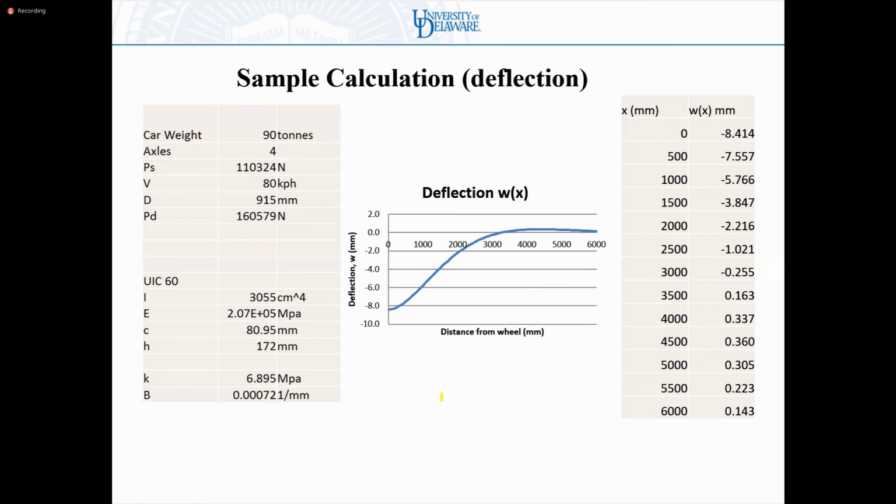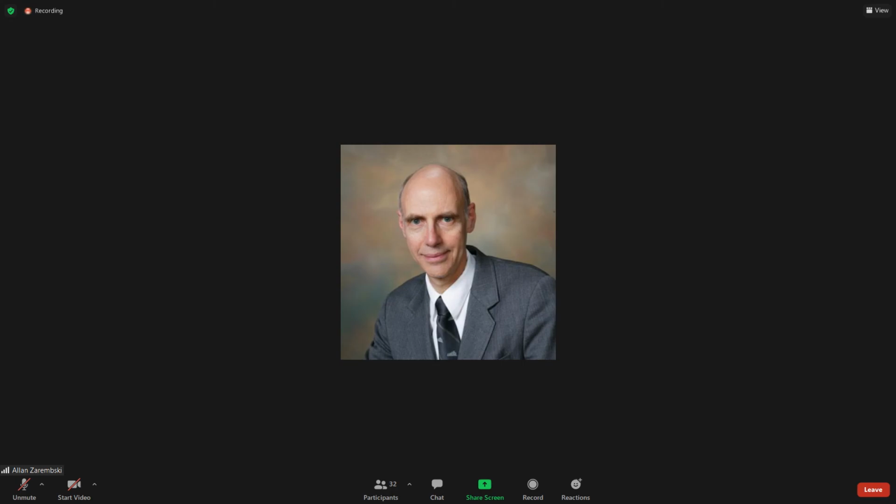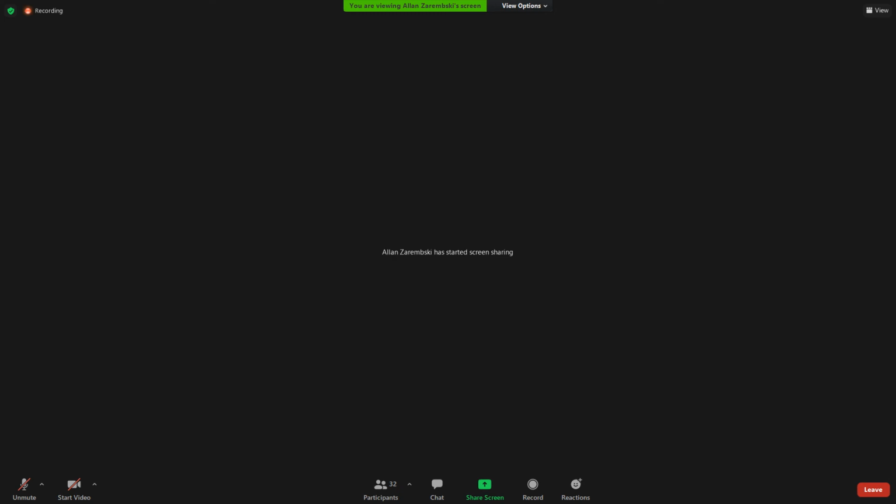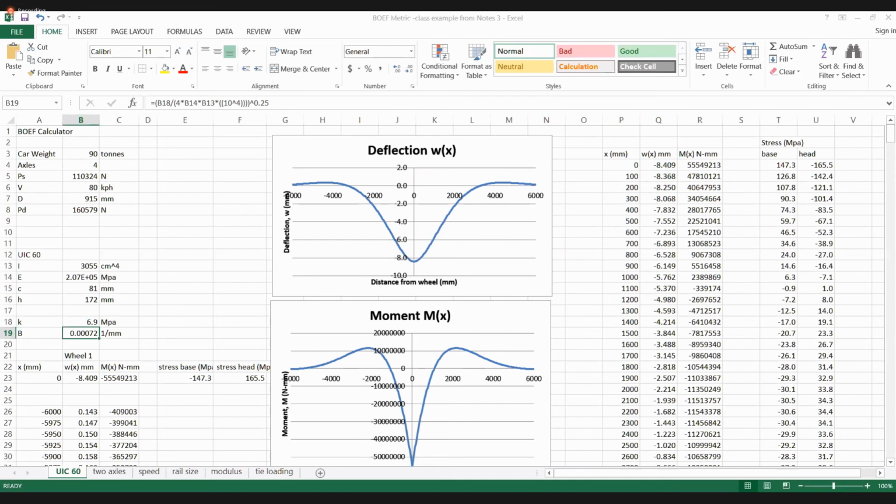So let's do a calculation. And you know what? Rather than try to do it on there, let's do it on a spreadsheet, if I can find my spreadsheet. Okay. So let's do a beam and elastic foundation calculation here.